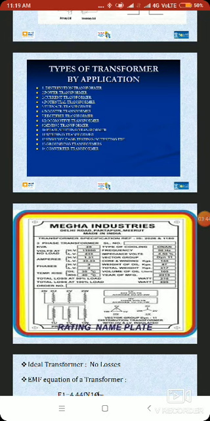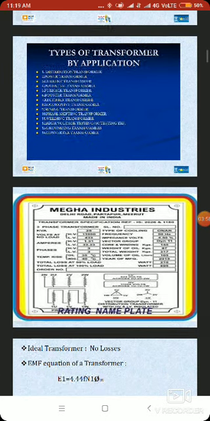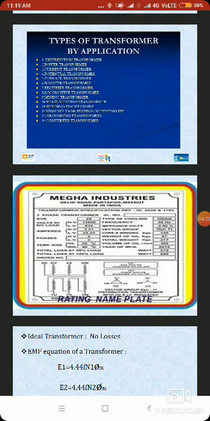Transformer details mainly contain the kVA rating, then voltage at no load, HV side, LV side, then the current rating in amperes, then phases, then temperature rise, type of cooling, whether it is ONAN or different, that will come in the later slides.